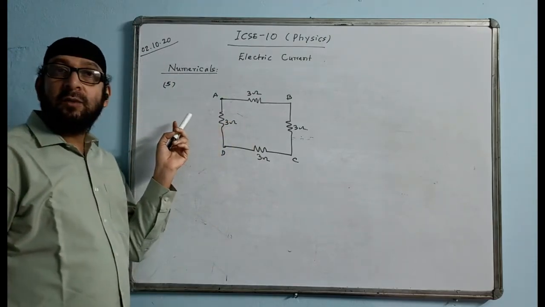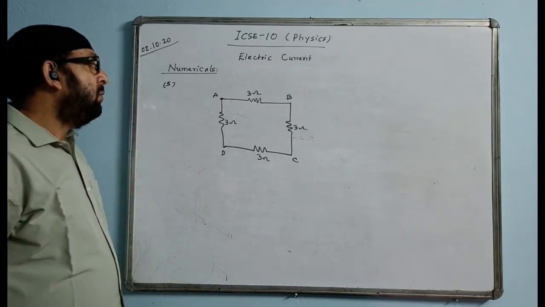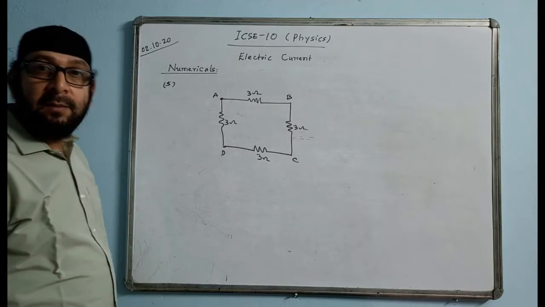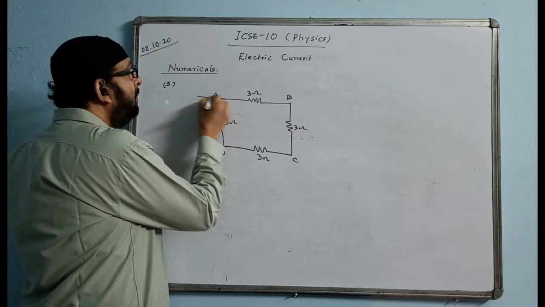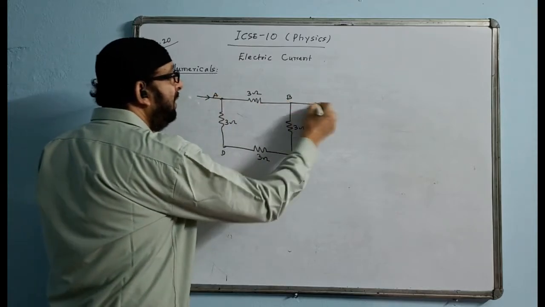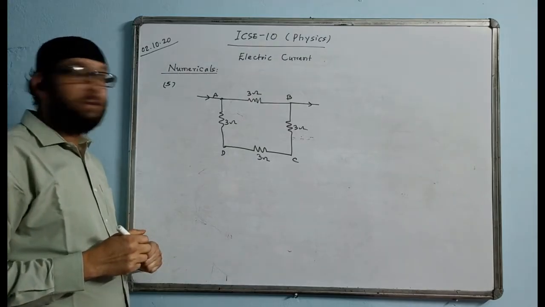In the previous case it was like a triangle, an equilateral triangle. Now it is like a square. Between the points A and B, through A current will enter and through B current will leave. That we have to draw ourselves, as it may not be given in the question.